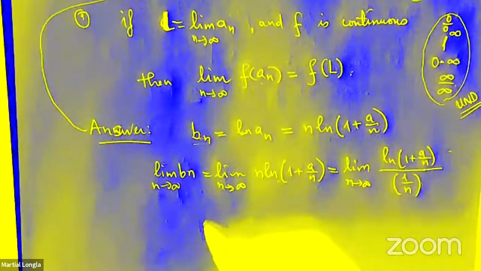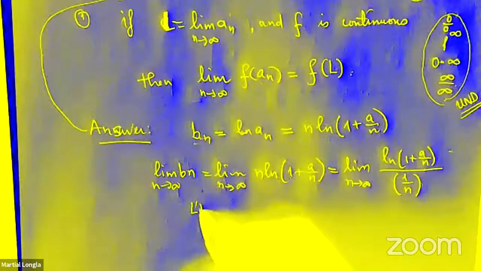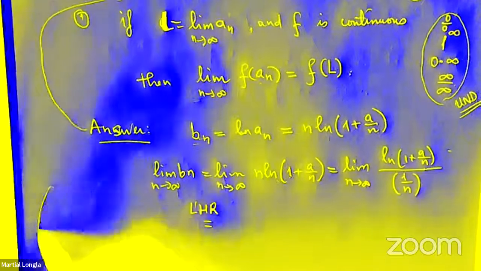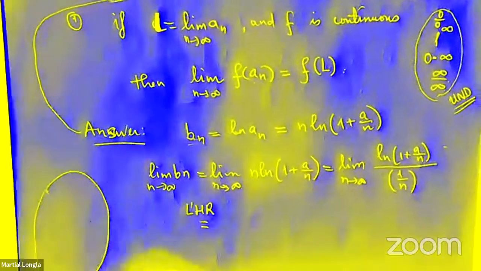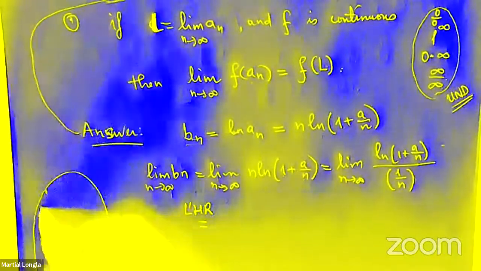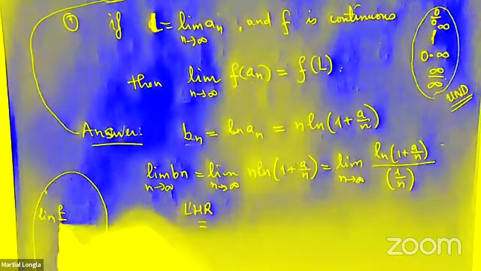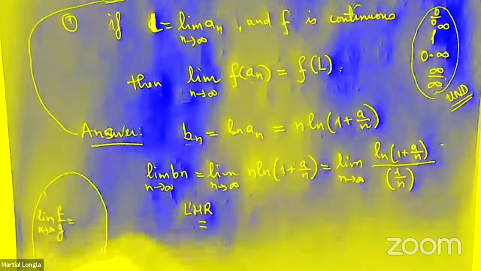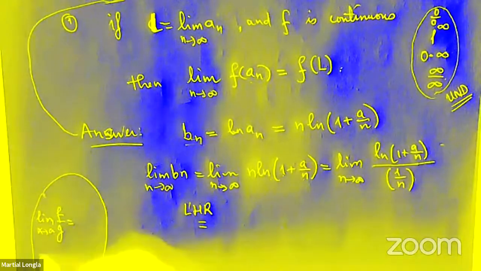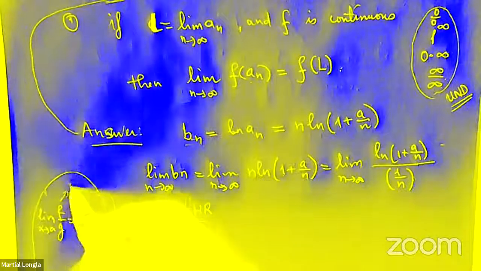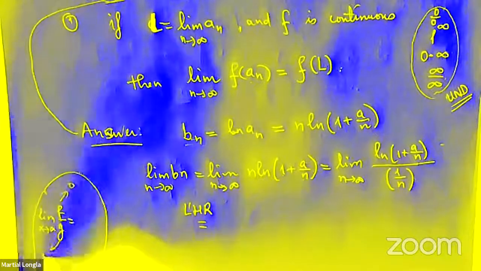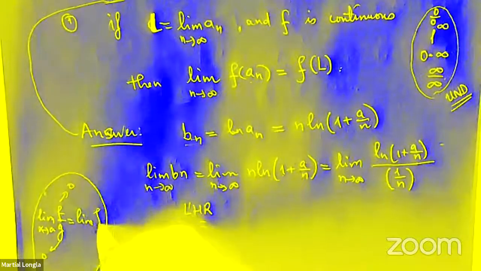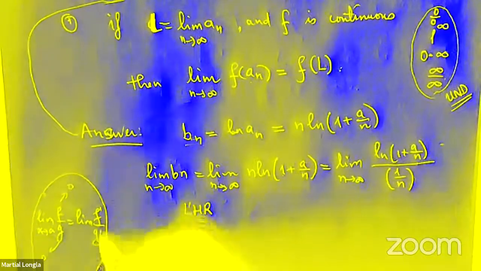So here at this point, we are going to use L'Hopital's rule. What does L'Hopital's rule say? It says when you want to find that limit, when x goes to a and this thing goes to 0 and that thing also goes to 0, then the limit is equal to the limit of the ratio of the derivatives.